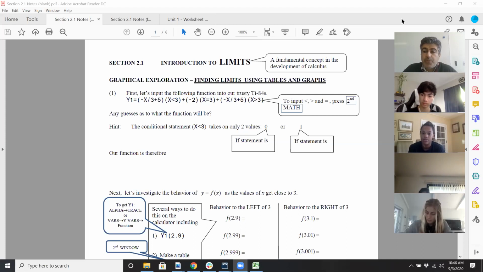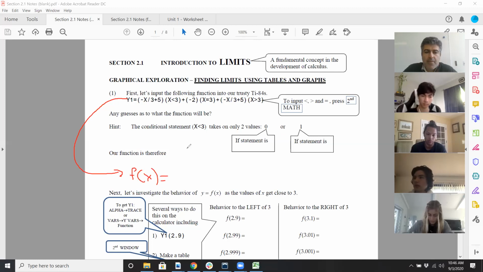So what we're going to do is type this equation into our calculator. Just so you know, what you're typing in is a piecewise function. Before we type this in, let me show you what this actually is. It's actually three separate functions.